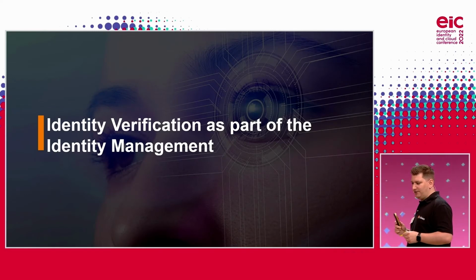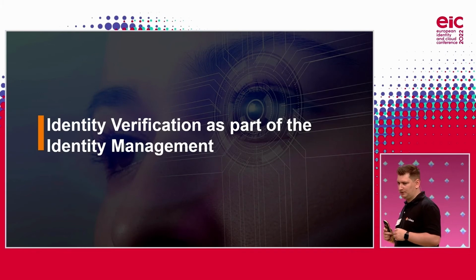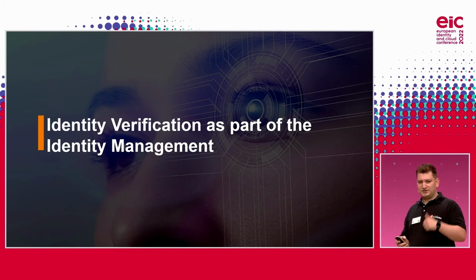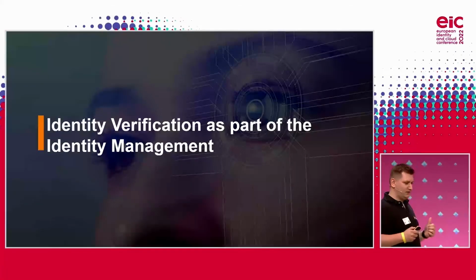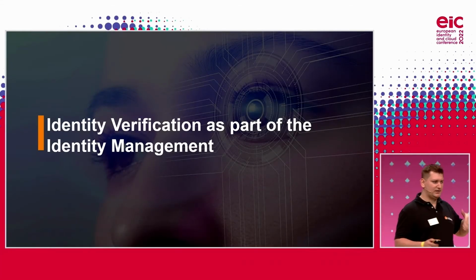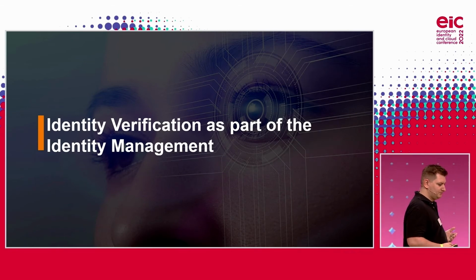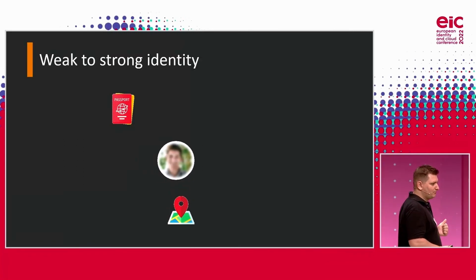So identity verification is an important part of identity management. If we consider last year's keynote, we talked about progressive profiling, so moving a user from a weak to a strong identity, getting more and more user details, and there identity verification is an important part.